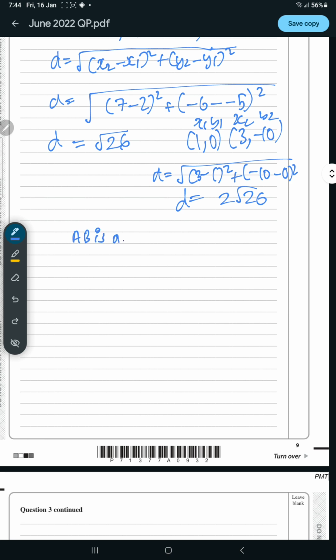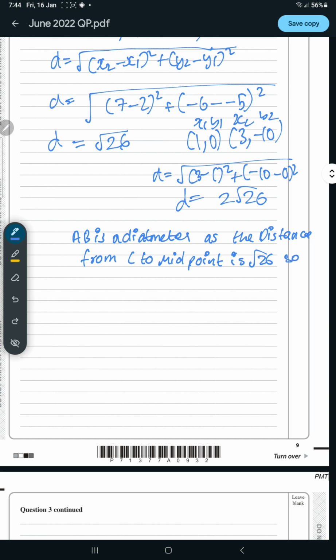AB is a diameter, as the distance from C to the midpoint is root 26, which is the radius.